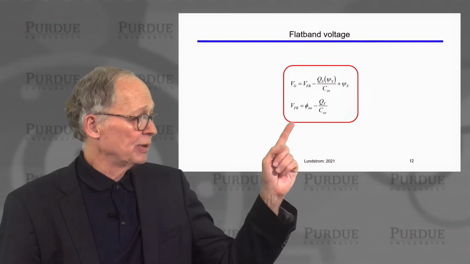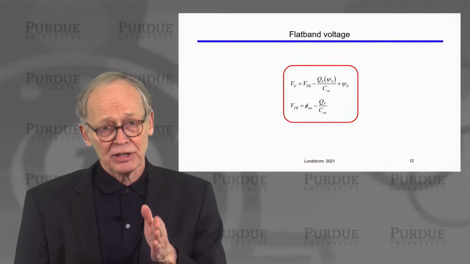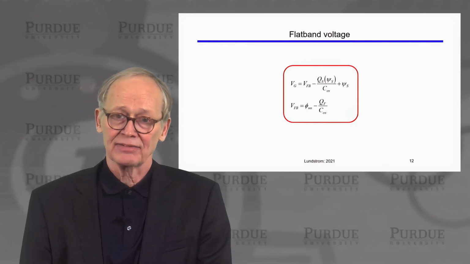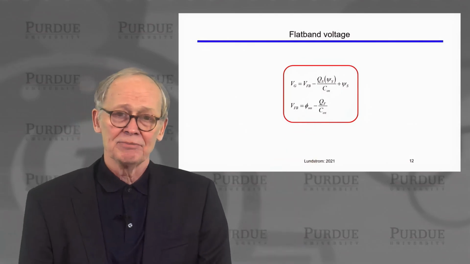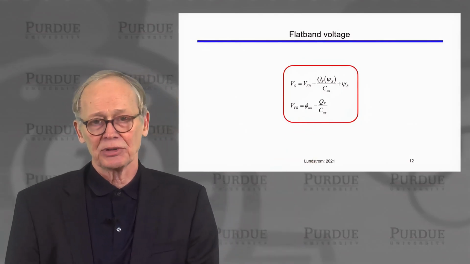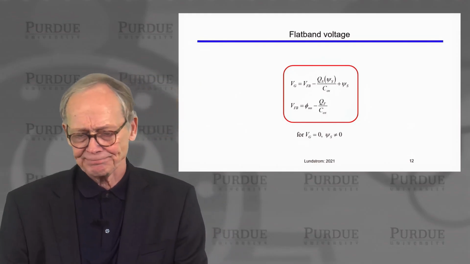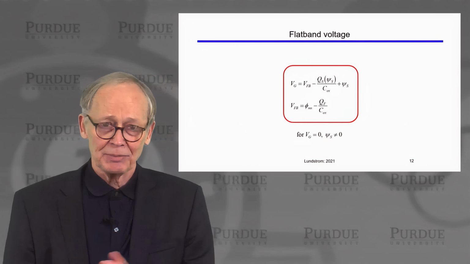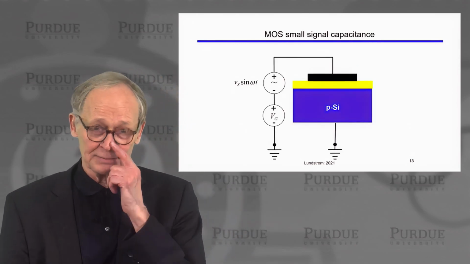The flat band voltage depends on the metal-semiconductor work function difference, but this sheet charge will also affect the voltage drop across the oxide and affect the flat band voltage as well. But that's simple to account for. If we know the magnitude of that charge in coulombs per square centimeter, it simply affects the flat band voltage. Okay. So, typical MOS capacitors have band bending before we apply any voltage to the gate.